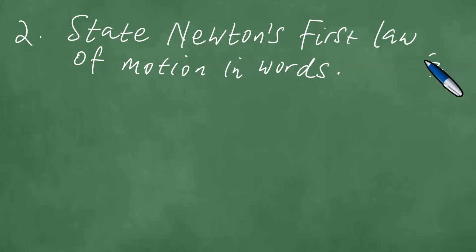Normally it is given 2 marks in the exam. So let us see who can do this one. You forget the laws sometimes. Does anyone know Newton's first law of motion in words? What does it say?